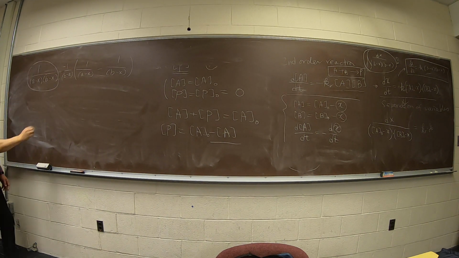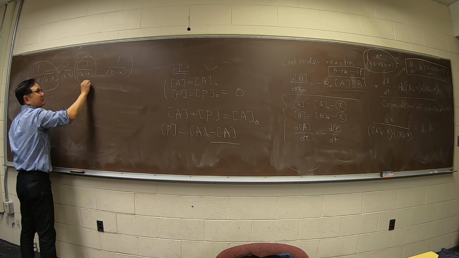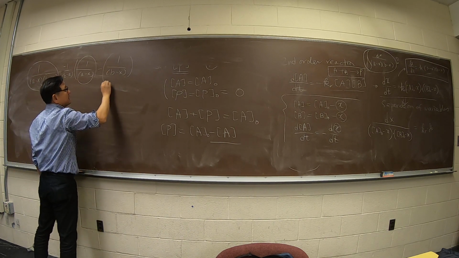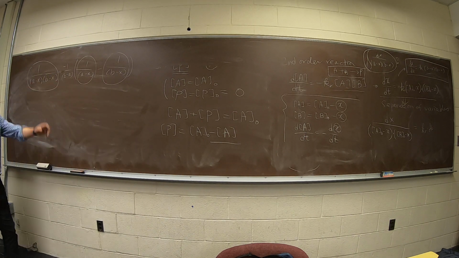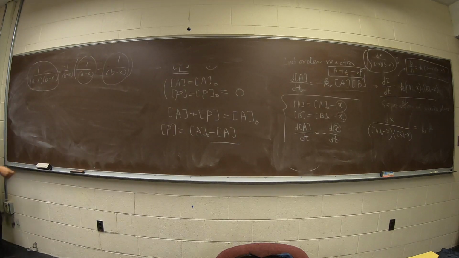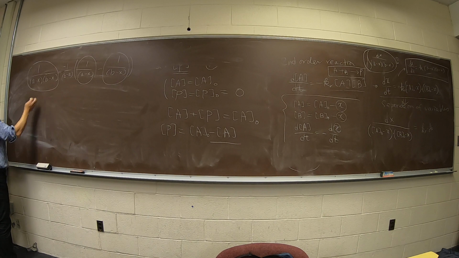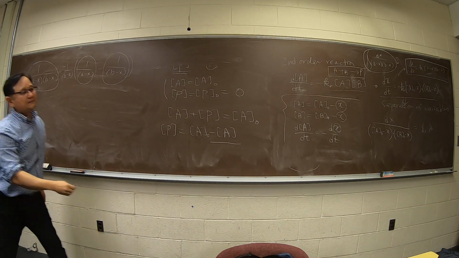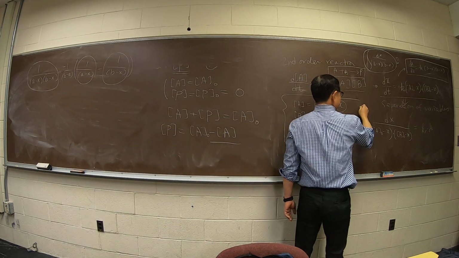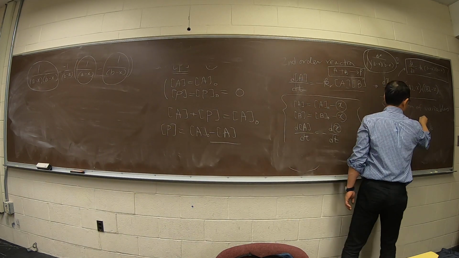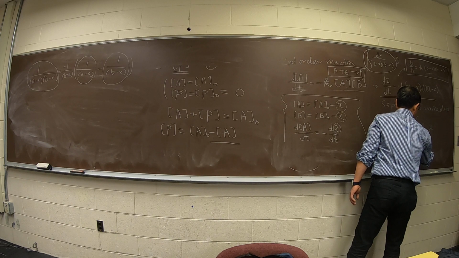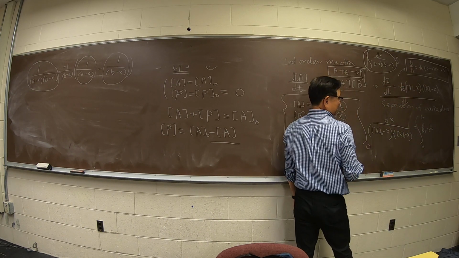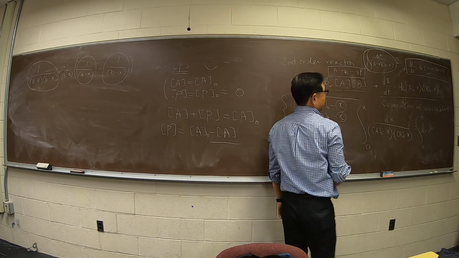This one is easy now. The integration of this is natural log of a minus x, with a negative sign in front. So on the left-hand side, I will do the integration from 0 to t. I guess x is 0 in the beginning.